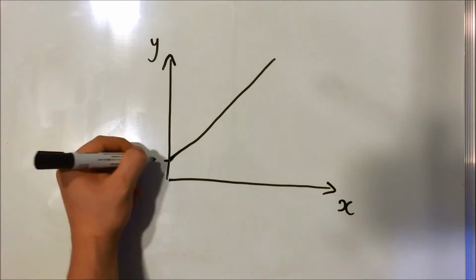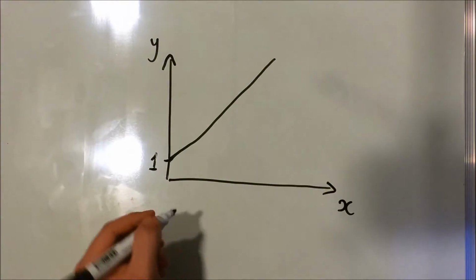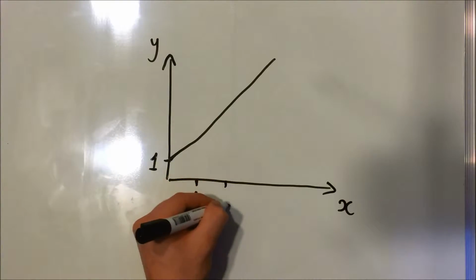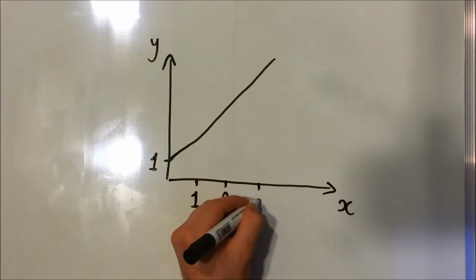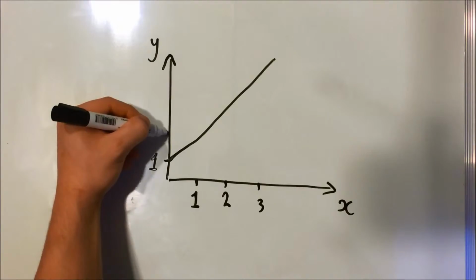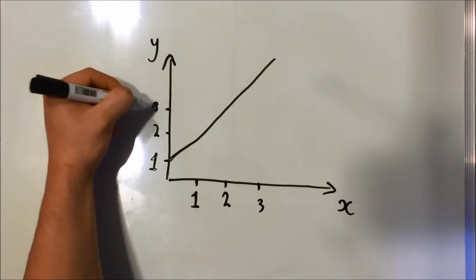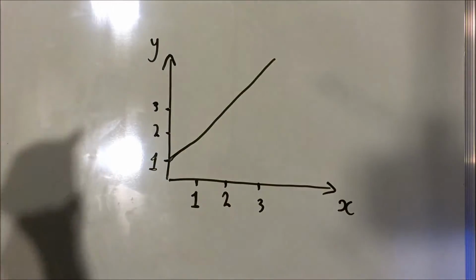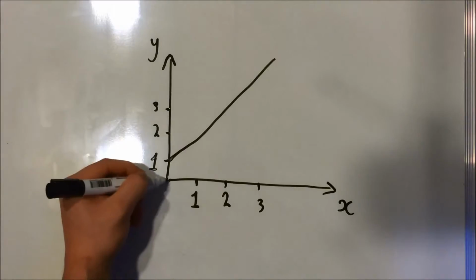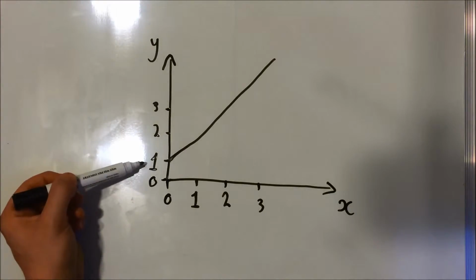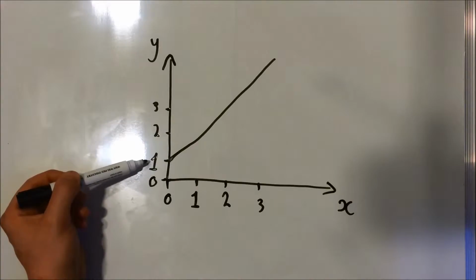It crosses through the point 1, and it starts at 0, 0. So, we know that the line crosses at 1, so we know what our C will be.